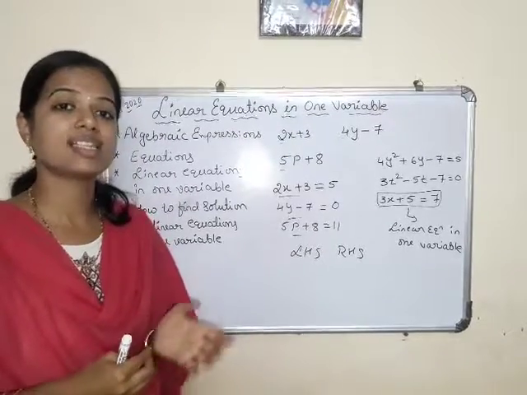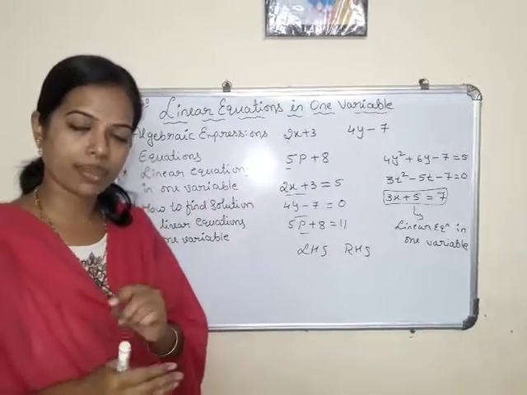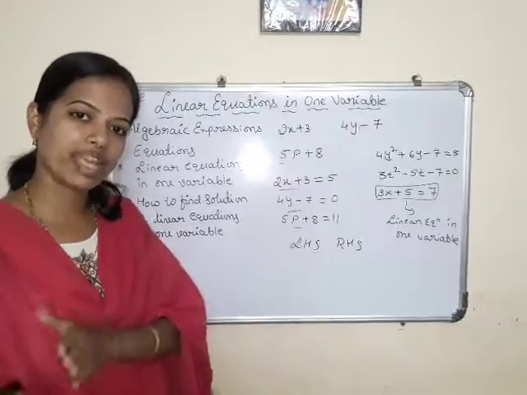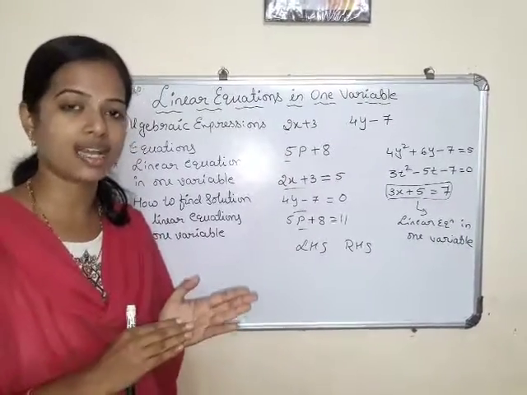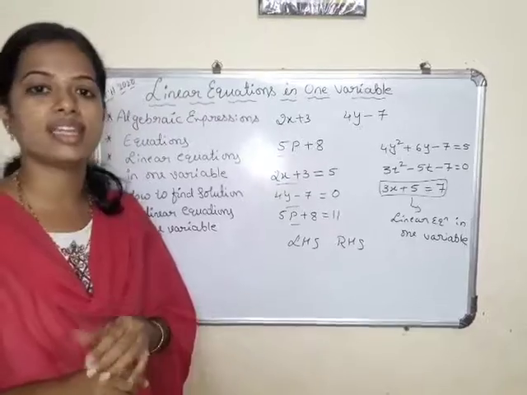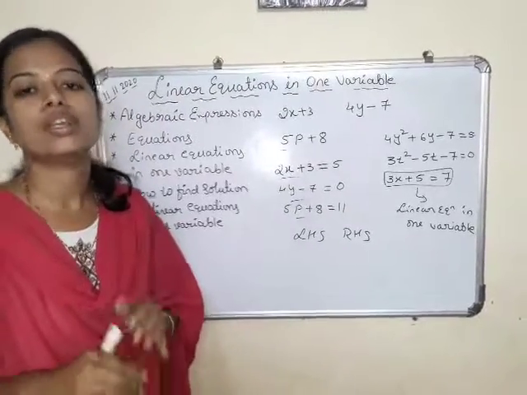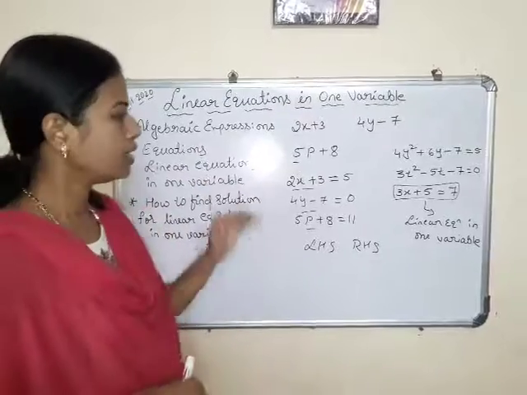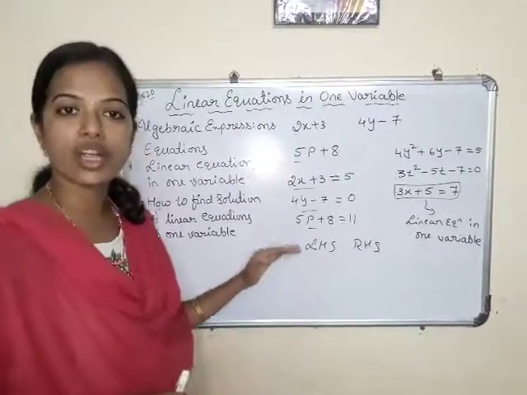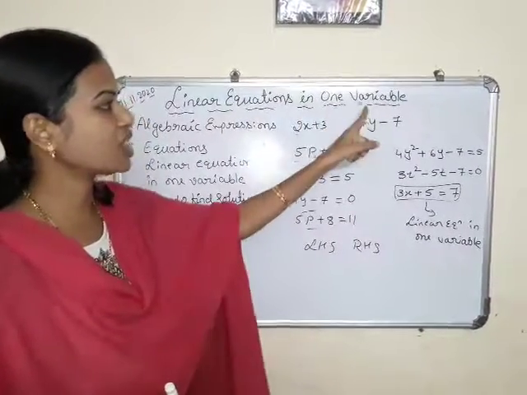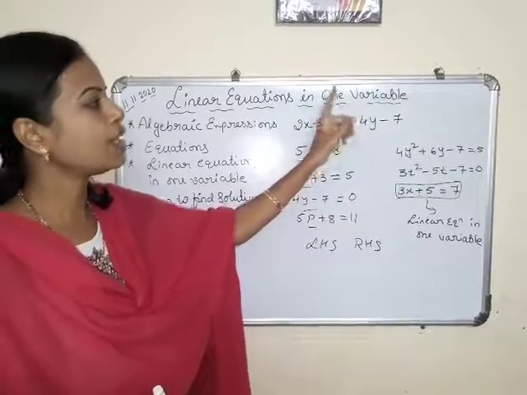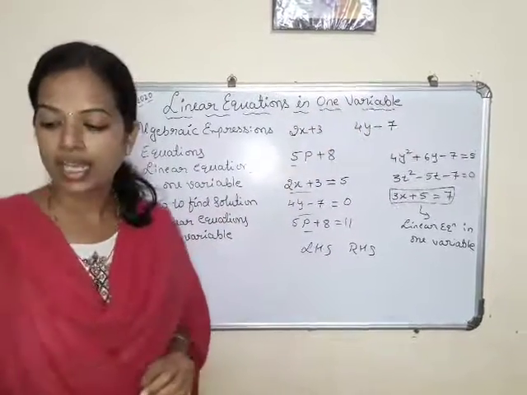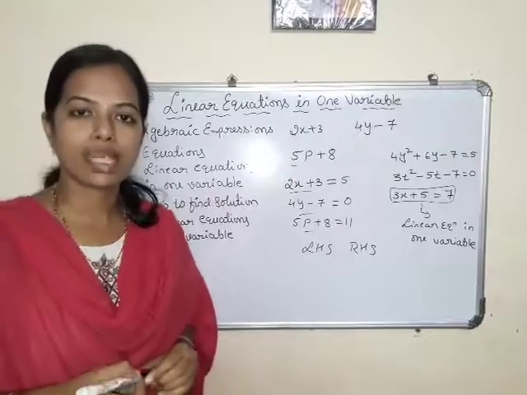The last method, the transposing method, means making all the variables on one side and constants on the other side by changing the sign. That method we are going to discuss in 8th standard linear equations in one variable. This was all about the introduction to linear equations in one variable. Now let us discuss our 8th standard concept in detail.